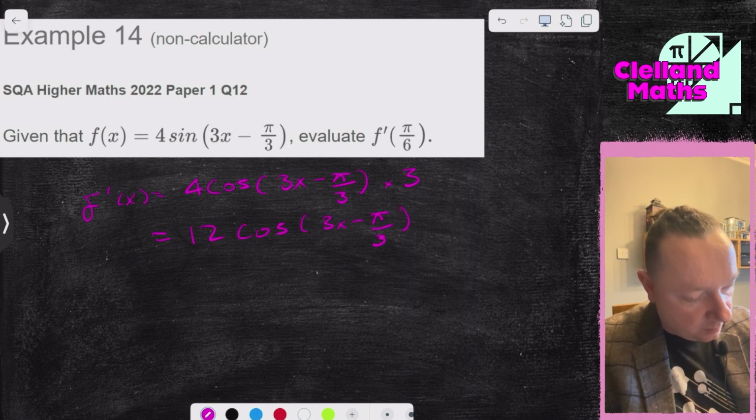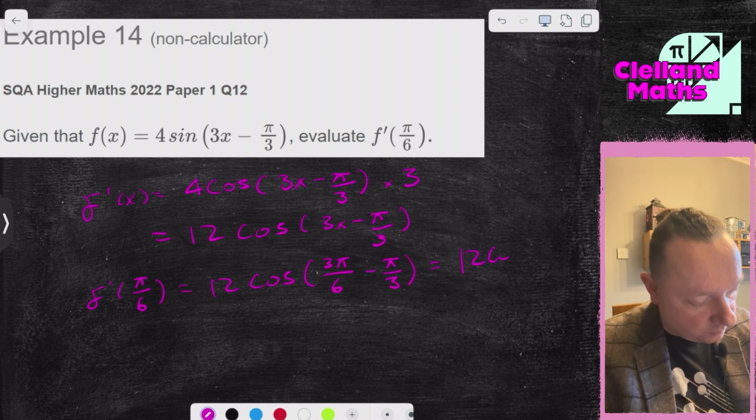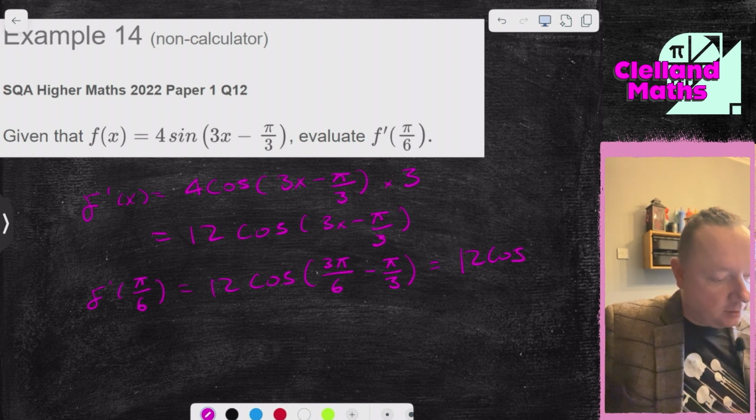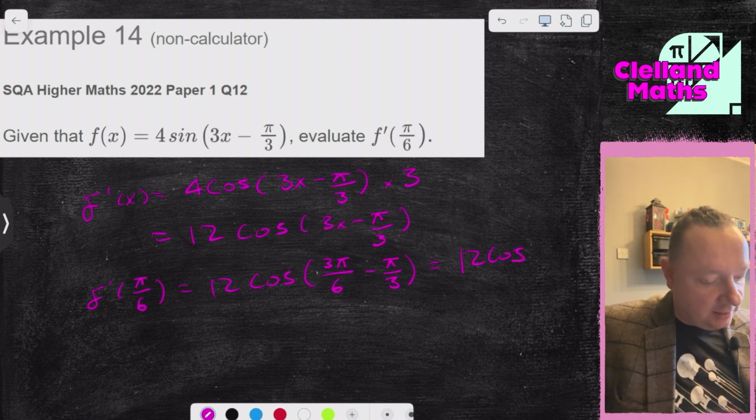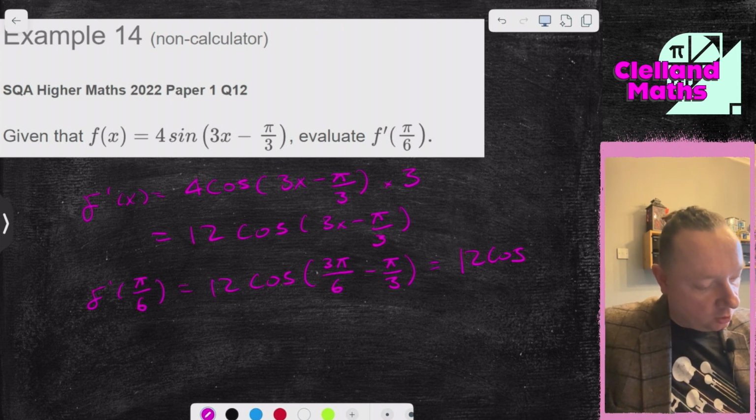Subbing in pi over 6, you get 12 cos 3 pi over 6 minus pi over 3. Let's examine this. Pi over 3 is 2 pi over 6. So it's 3 pi over 6 minus 2 pi over 6, which is 1 pi over 6. Well, that's an exact value.